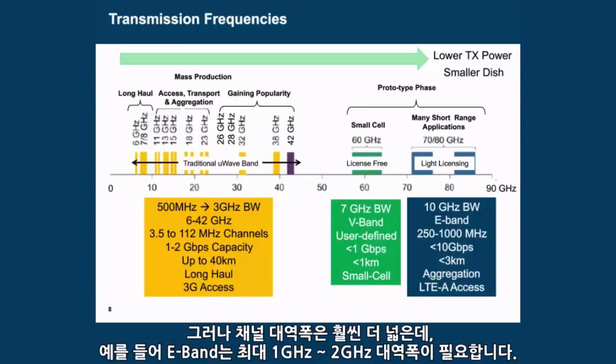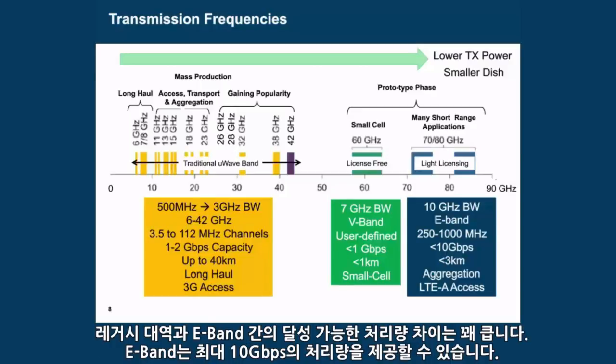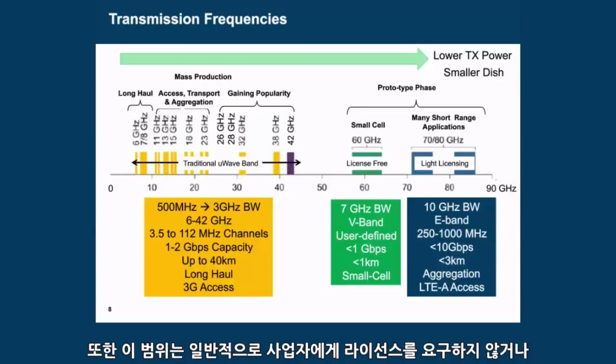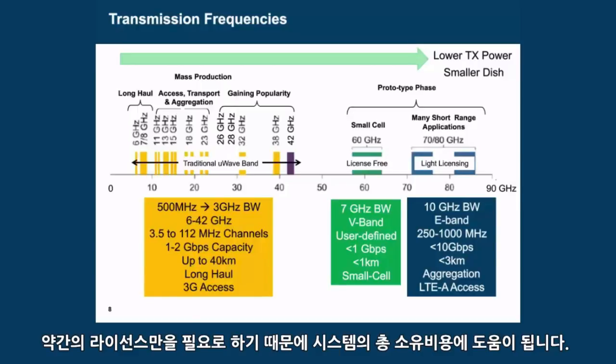The channel bandwidths, however, are much wider, up to 1 to 2 gigahertz bandwidth requirements in E-band, for example. The achievable capacity differences between legacy band and E-band is fairly significant, with E-band being able to potentially deliver up to 10 gigabit per second throughput rates. Additionally, this range typically has light licensing or no licensing requirements for the operators, which helps for total cost of ownership for these systems.